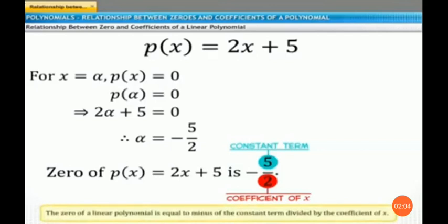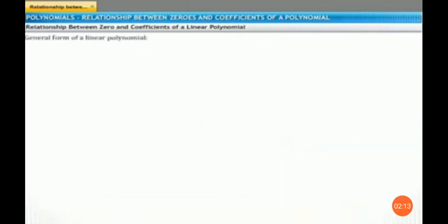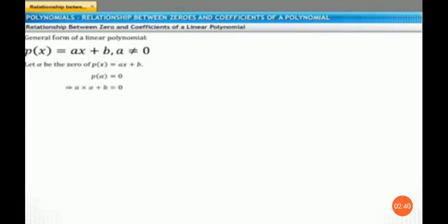So this is the relation between the zero of a linear polynomial and the polynomial. In general, the linear polynomial is of the form p of x is equal to ax plus b, where a is not equal to 0. If we find its zero, let alpha be its zero, then alpha is equal to, we will get on solving, minus b by a.